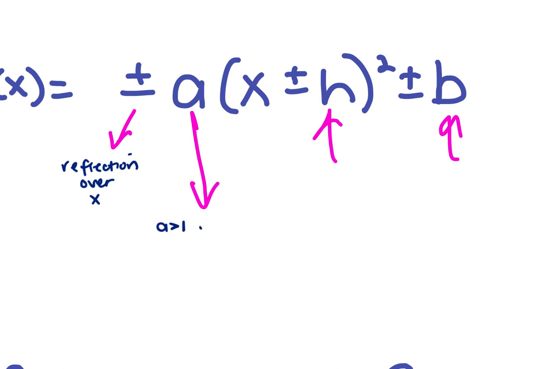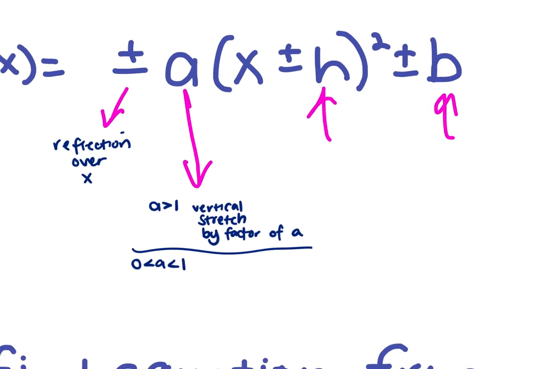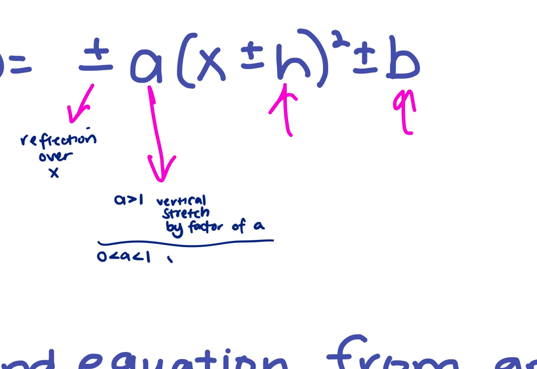A vertical stretch, by a factor of a, whatever that value is. If it's in between 0 and 1, what happens? Good. Vertical compression, again, by a factor of a.